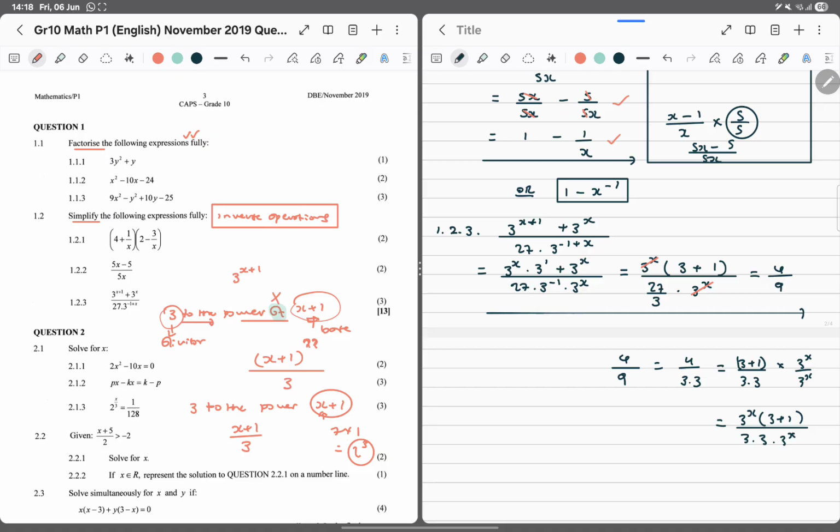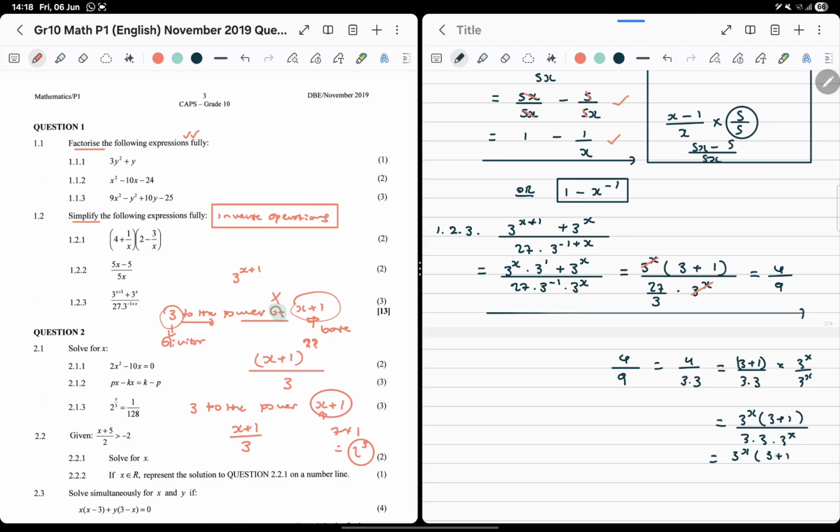But now the question is, why would you choose 27 over 3? Well, we're forcing our hand. Because if we saw that there's a 27 in there, 9 may have come from 27 over 3. Where did it come from? Well, that's a problem. But we cannot deal with that issue there. So we can just go back and say this is 3 to the exponent x into 3 plus 1 divided by, of course, this 9 is 27 over 3, times 3 to the exponent x.